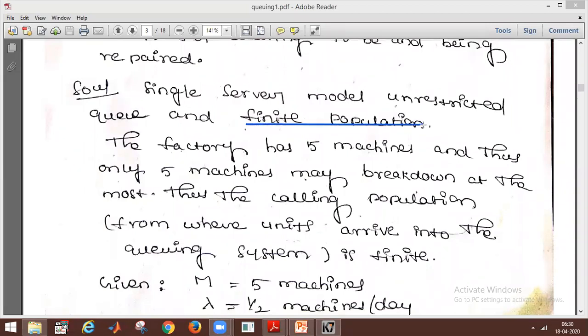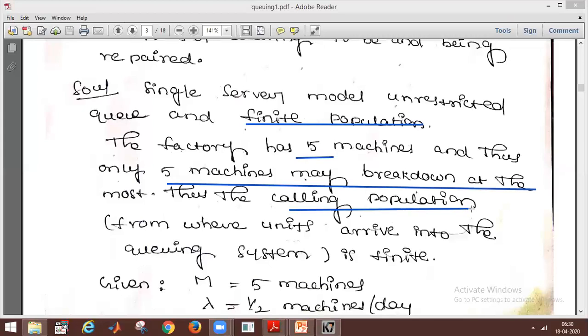The factory has 5 machines. The difference between model 1 and model 2 is that we have to specify the machine numbers, and only 5 machines may break down at the utmost. So this is the calling population.